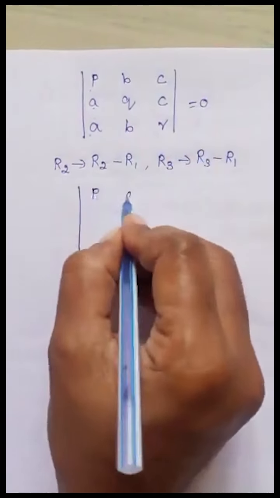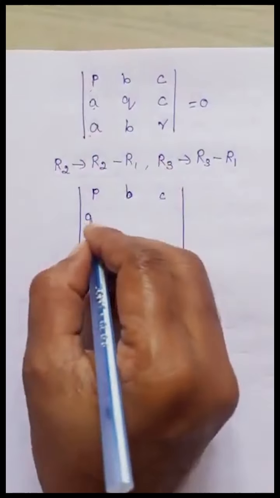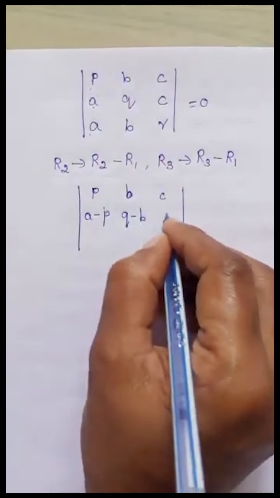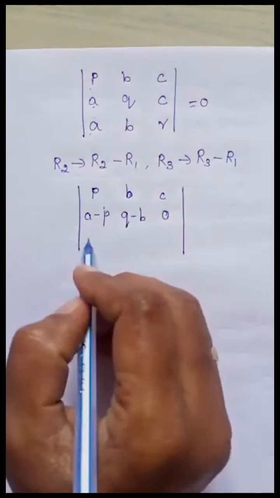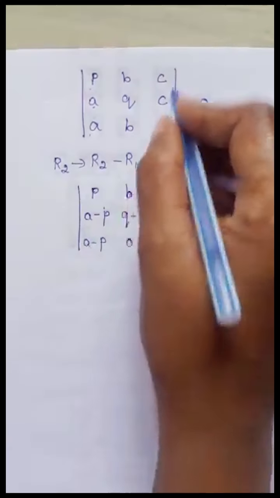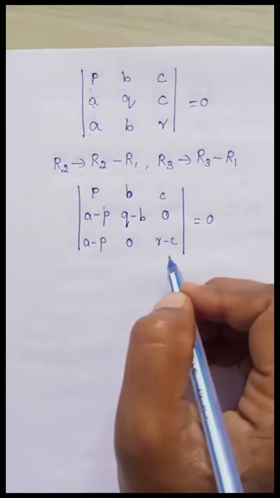So the first row, there is no change. See, this is A minus P, Q minus B, C minus C is 0. Again, A minus P, B minus B is 0 and this is R minus C.